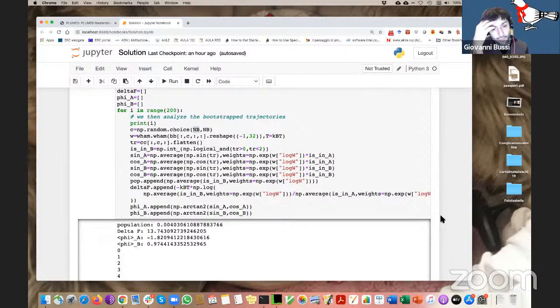On the other hand, when you learn how to do block analysis, you typically don't use bootstrap, but rather the standard formula to compute the error of the mean. So you divide your trajectory in blocks, compute the average of your quantity of interest on each block, and then look at how heterogeneous these averages are, and take the standard deviation divided by the square root of the number of blocks as an estimate of the error.